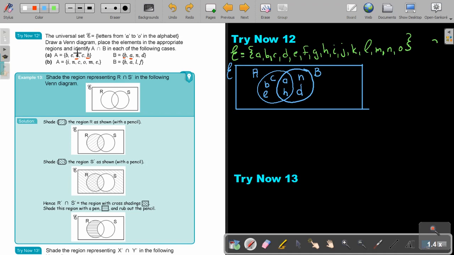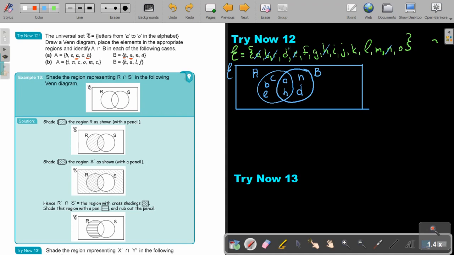Now, the best will be to start here. So B, then it's E, then it's A, then it's C, then it's H. Okay, H is already, A is already, and then N and D.